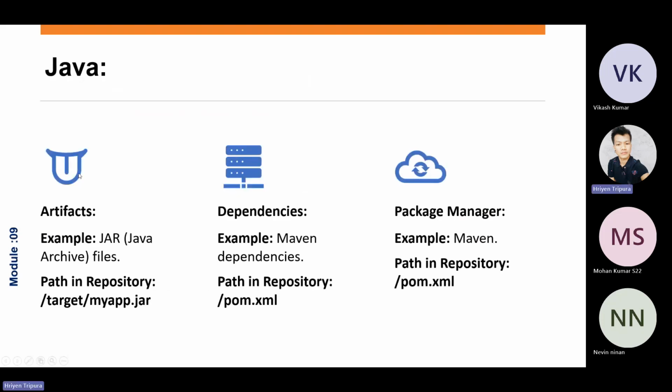Java, as everyone knows, right? When I work with Java and I say artifacts, basically we have two different things here. One is the JAR file, that is your Java archive file. Another is a WAR file, that's for a web-based application. So if you go to any Java application, you can see .jar or .war. And for dependency, we have Maven dependencies.